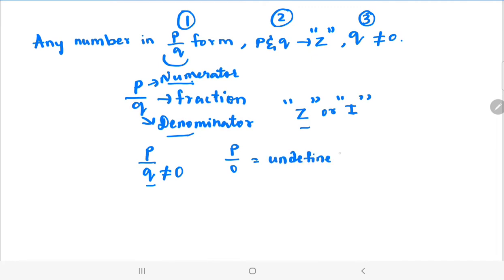This is not a right answer. This cannot be defined. It is not a number at all. So there are 3 rules for a number to become a rational number. First, it should be in the form of p by q. Second, p and q should be integers. Third, the denominator, that is q, should not be equal to 0.